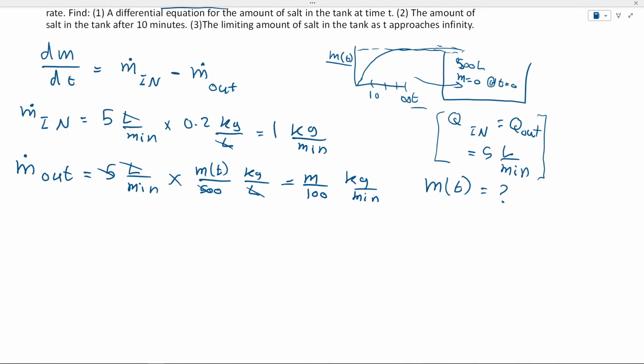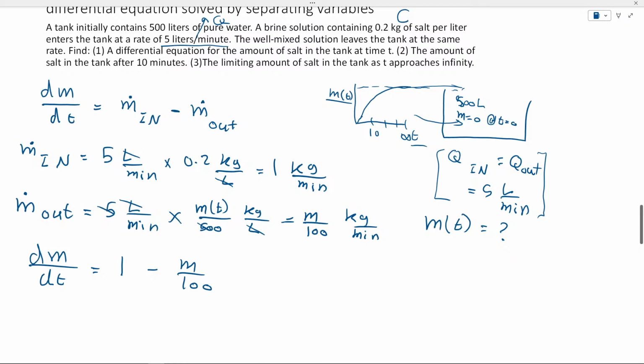That's exactly what we want to find. Okay, so now I have my differential equation. dm over dt is equal to mass in, 1 minus m over 100. So I answered the first part: find the differential equation of the salt in the tank. Now this is telling me the rate of change of the mass.